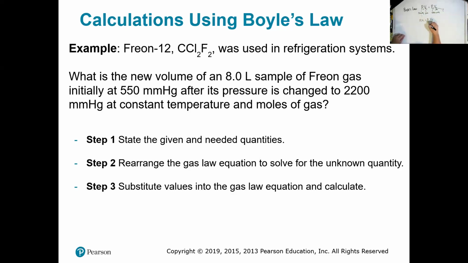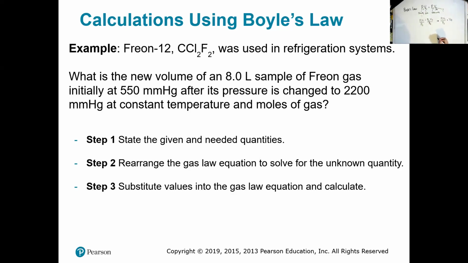So we divide both sides by P2, and now what we're left with is P1 times V1 divided by P2 equals V2. All right, not too bad.